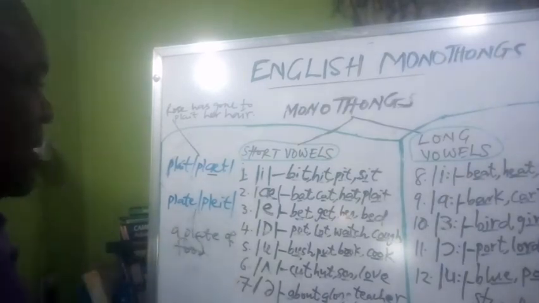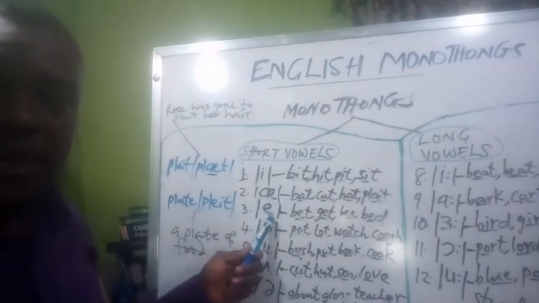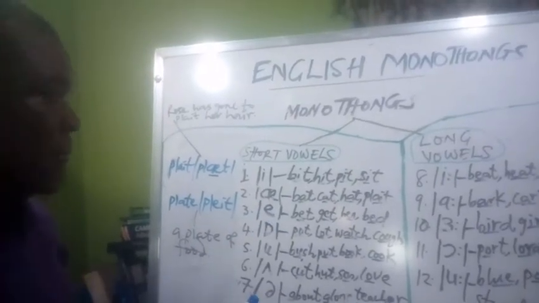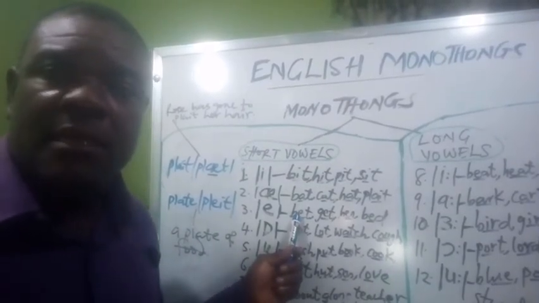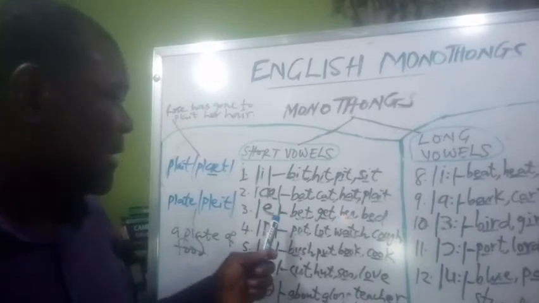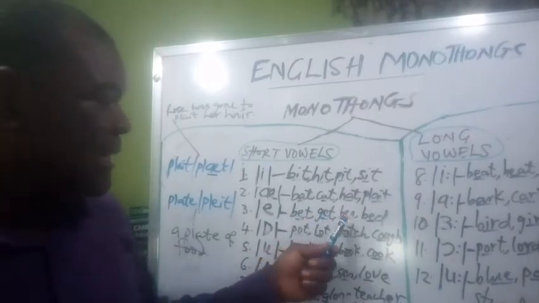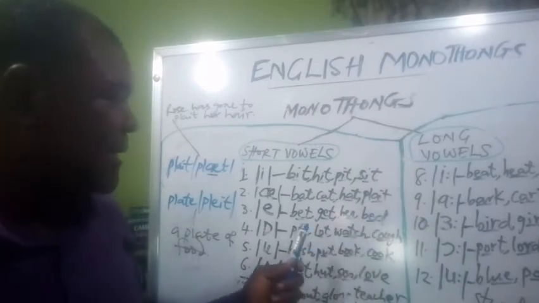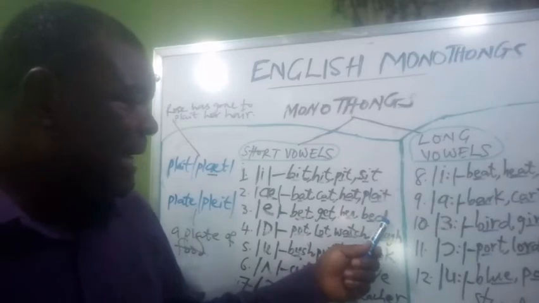Now let's continue. The third sound is the short E sound. It occurs in words like bet, get, hen, and bed.